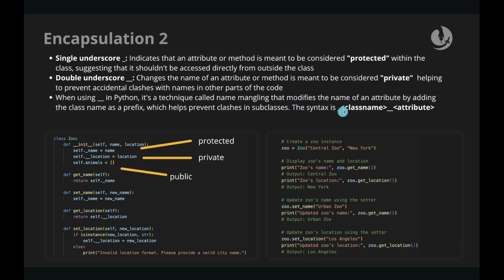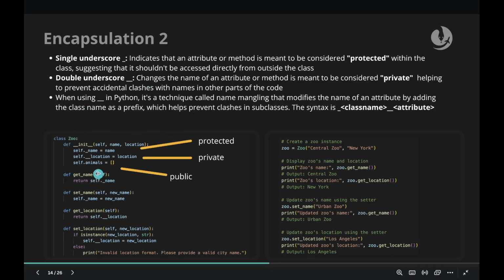And the syntax is underscore class name double underscore attribute. So for our case, it would be underscore zoo double underscore location. All right. So we will see how this works in practice in Visual Studio Code. But this is the one way to use getters and setters.